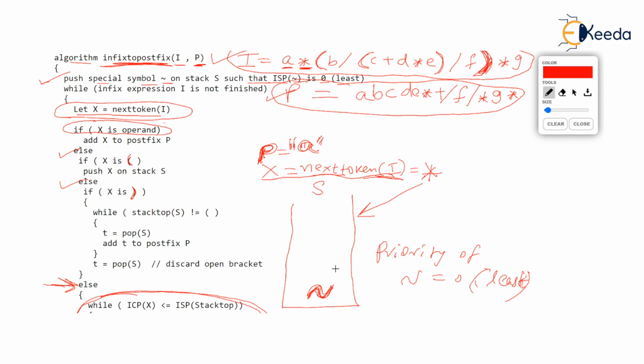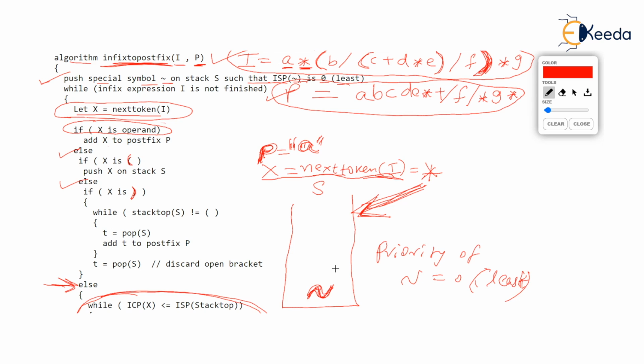Now the rule is the incoming operator, that's the word, incoming operator must have a higher priority than the in-stack operator. In-stack operator is tilde. Tilde is on the top of the stack. In stack, check the word. In-stack operator is tilde and incoming operator is asterisk. Then incoming operator asterisk must have higher priority than tilde.